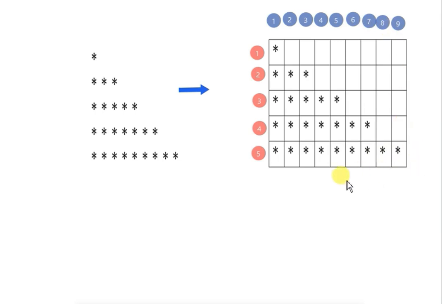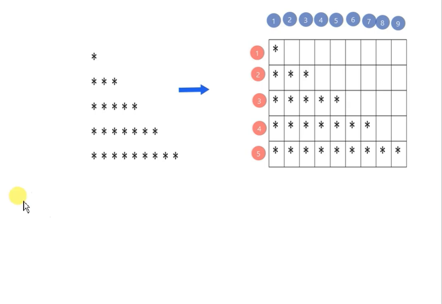So in order to deal with such a pattern where the columns are different from the row number, we have to establish a relation between the row and the column. So let us try to establish a relation between row and column.